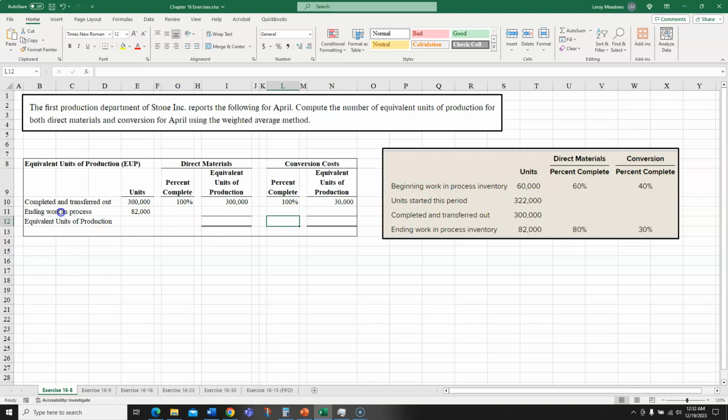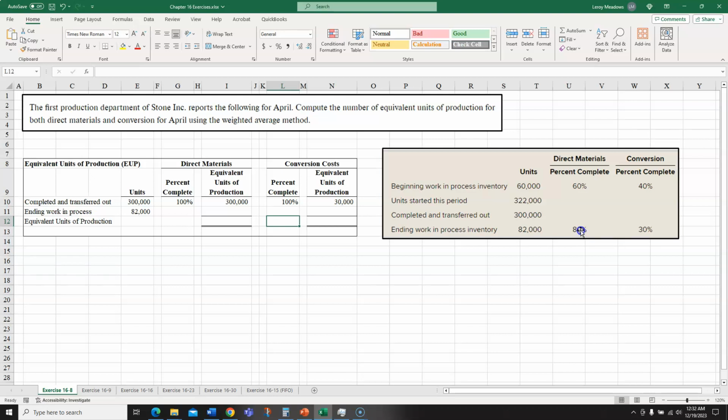Now let's look at our ending work in process. We have 82,000 units that are still being converted, and they're still going through the process of conversion at the end of the month. So let's see how far along they are. Now we're told that materials are 80% complete.